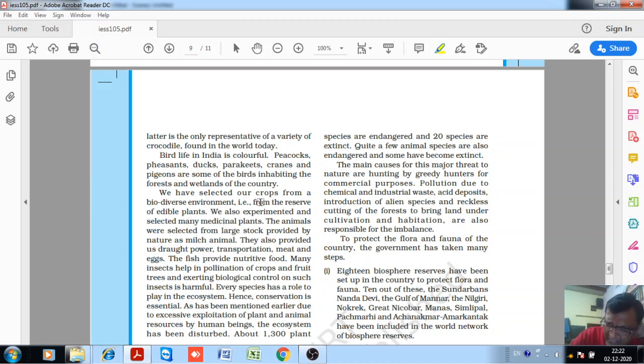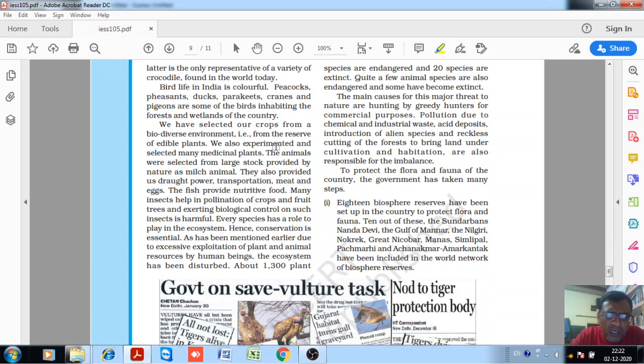We have selected our crops from a biodiverse environment, from the reserves of edible plants. Edible plants means rice, pulses, or wheat. These all are the edible plants.